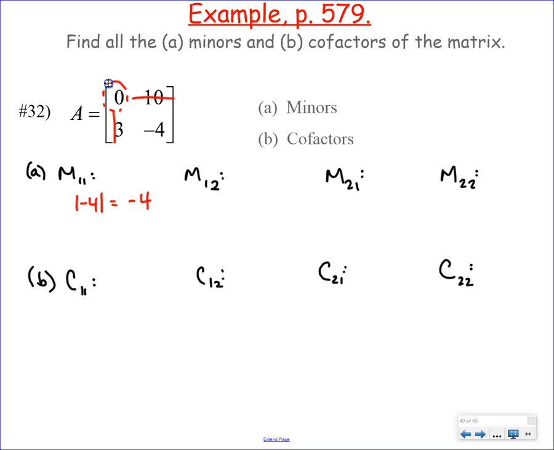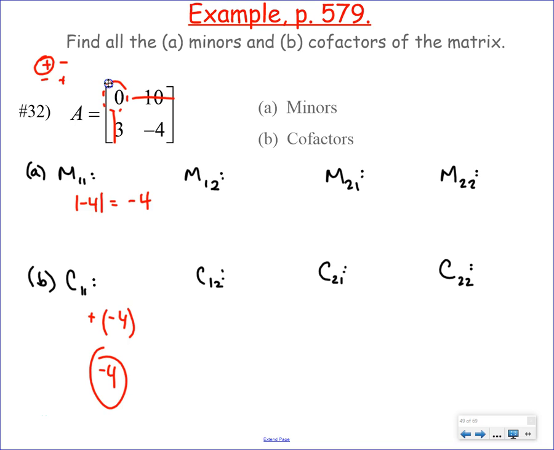The cofactor would say, hey, the 0 is in what position in this little chart? You guys think about signs. It always starts with a positive and then it alternates, right? Okay, so 0 is in what spot? That spot. So what's a positive times a -4? Okay. So what's going to be the minor for 1,2?